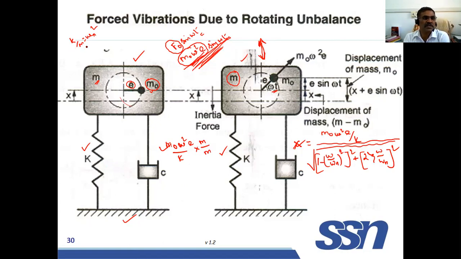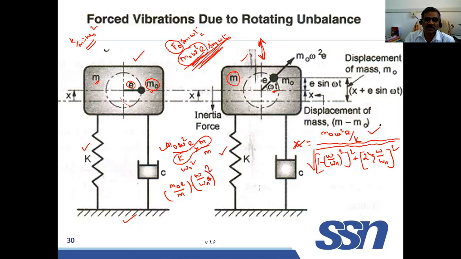So here you can write omega n square, and here we have omega square. So you can write the equation like this: m naught e divided by m into omega by omega n, the whole square.